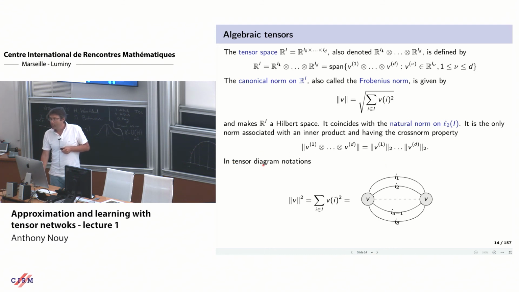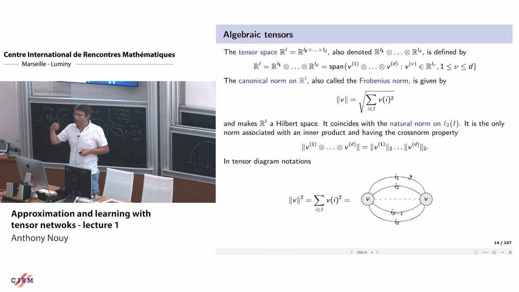In tensor diagram notation, the operation we perform to compute the square of the norm, which is the sum of the squares of the entries, is a multiple sum over the multiple indices of your tensor that you can represent like this. You have the tensor v here, the tensor v here, with lines emanating from these tensors that represent the indices of the tensors, and you connect all these lines.